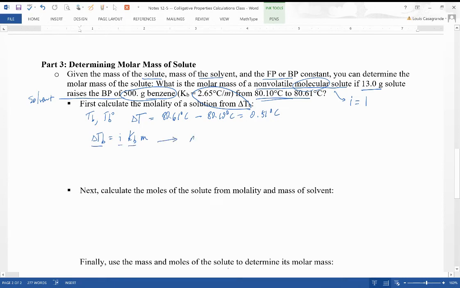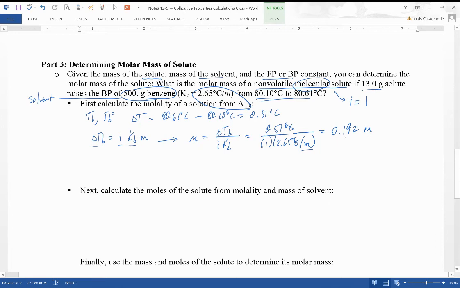So that means the molality of the solution is equal to delta TB divided by i times KB, or 0.51 degrees C divided by i is 1, and KB was 2.65 degrees C per molal. The degrees C cancel out, leaves us molal in the denominator of the denominator. As we discussed before, that comes up to the numerator. And so this becomes 0.192 molal.